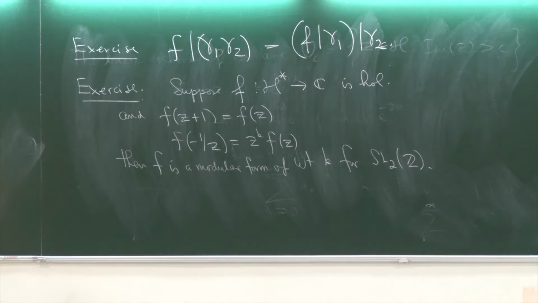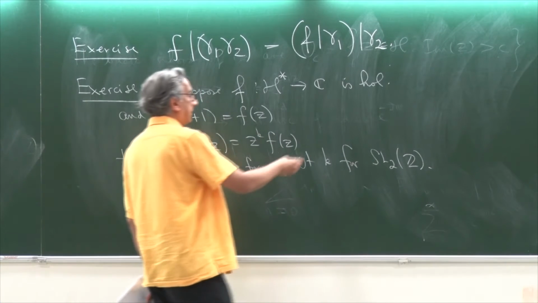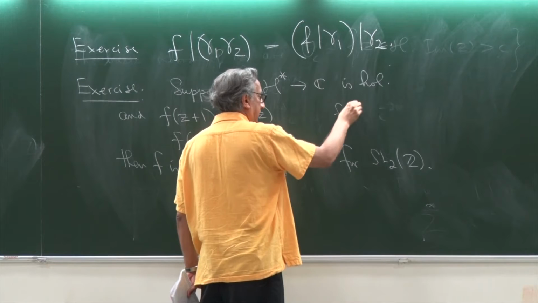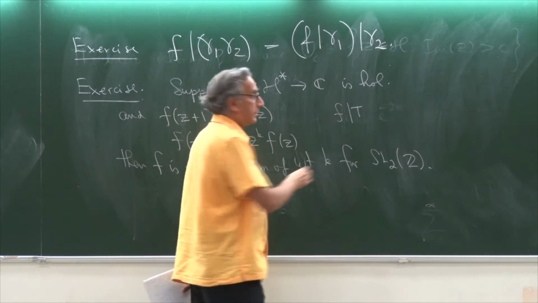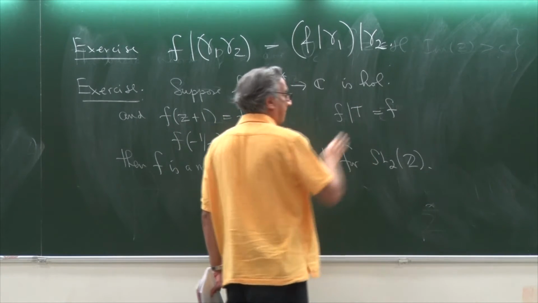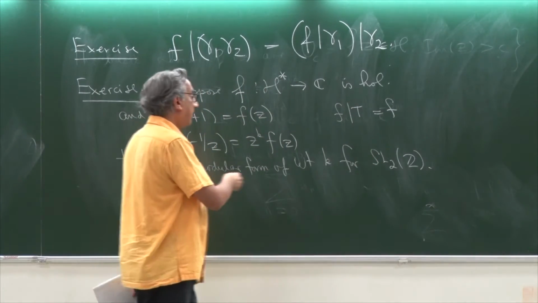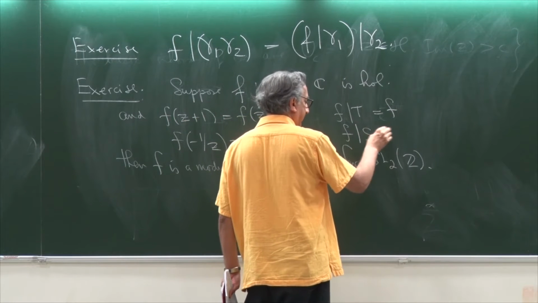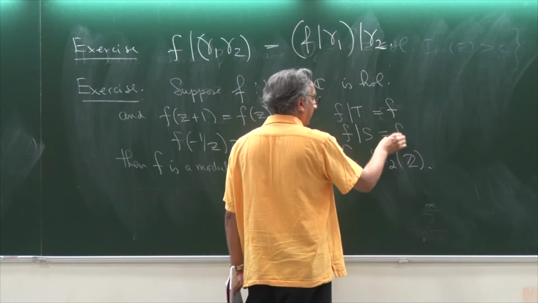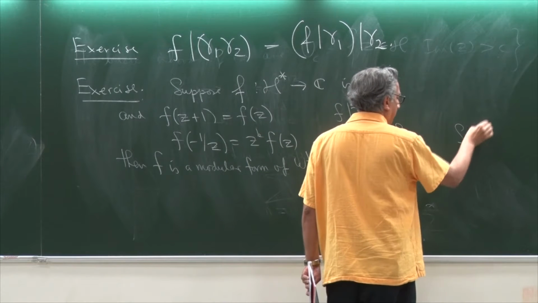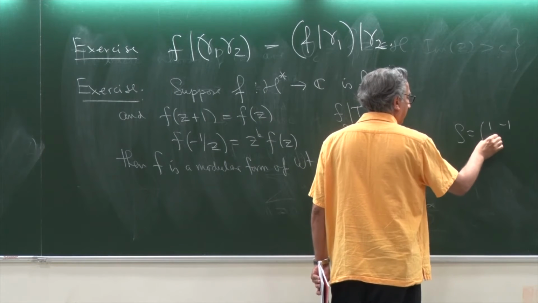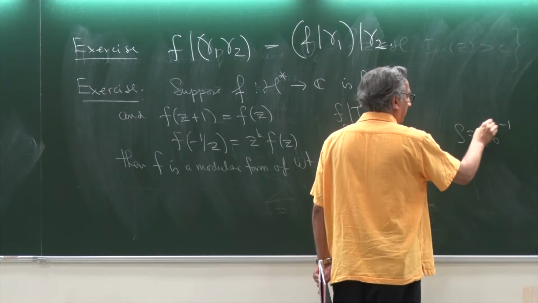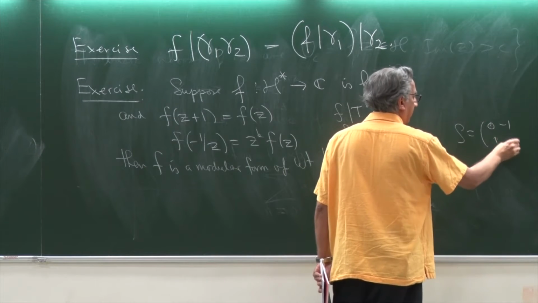And I'll just give you a small hint on how to do this. This is telling us that f slash T, the translation operator, is f. And this second property is telling that f slash S, where S was that matrix (0 -1; 1 0).